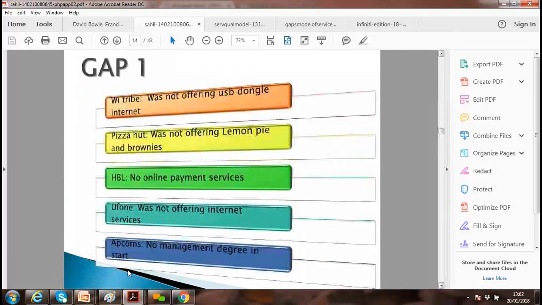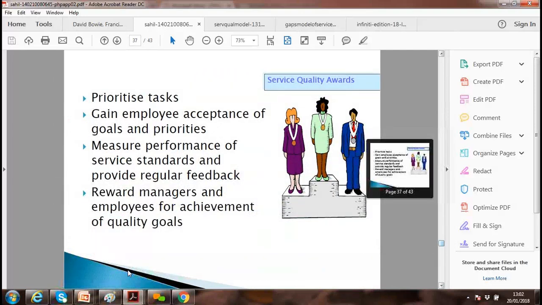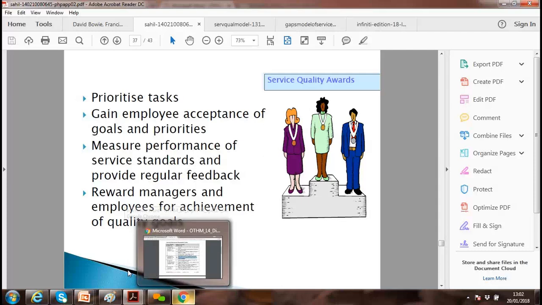Any questions? No questions. So we need to prioritize the task, gain the implied acceptance and goal priority, measure the performance against the standard, and reward the managers and employees for achievement. Not just managers should get the bonus. Employees should get it too, because otherwise the service gap will carry on happening.